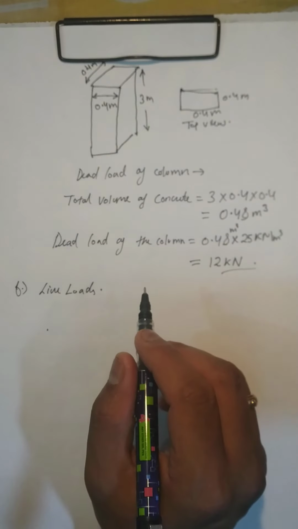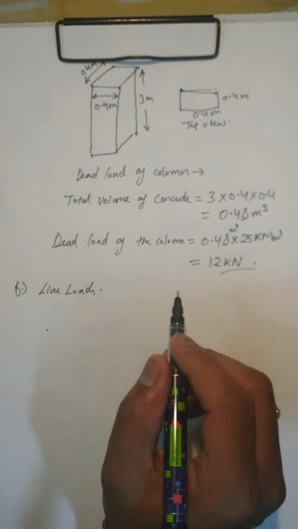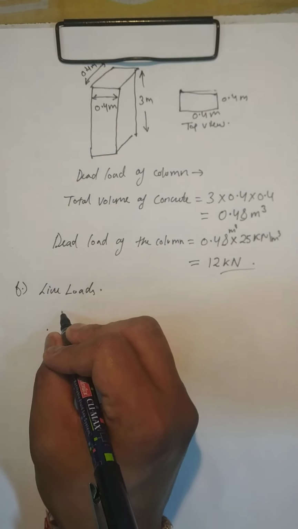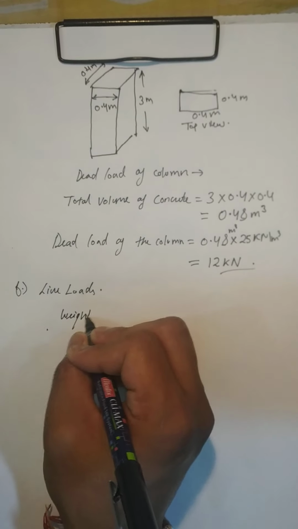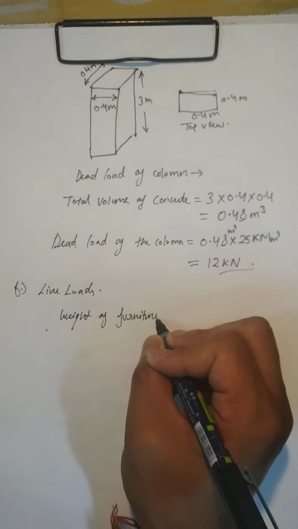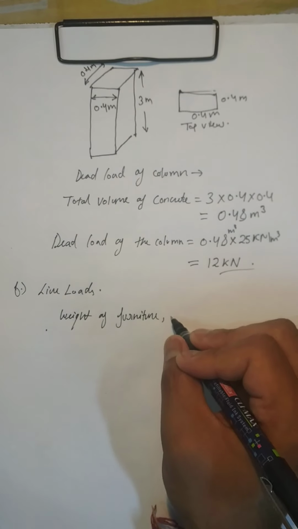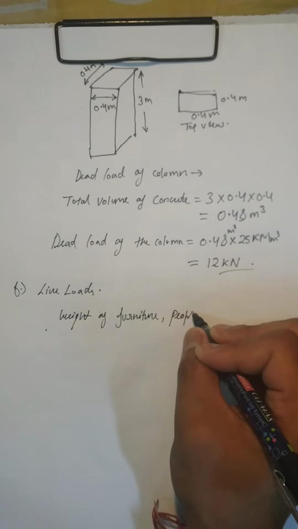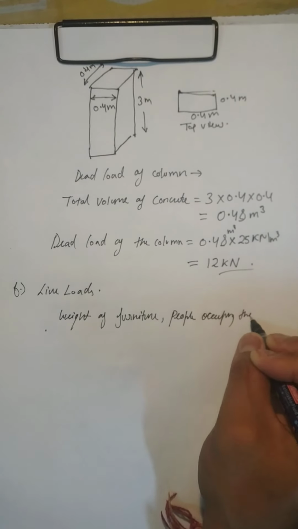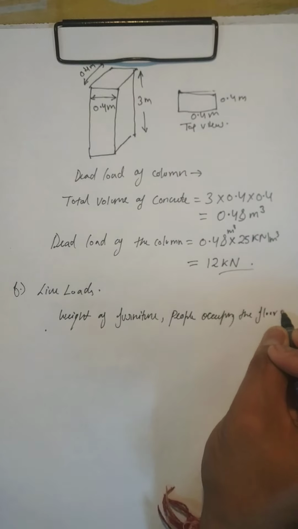Live loads are also called imposed or sudden loads. So live load can be weight of furniture, or maybe people occupying the floor, etc.